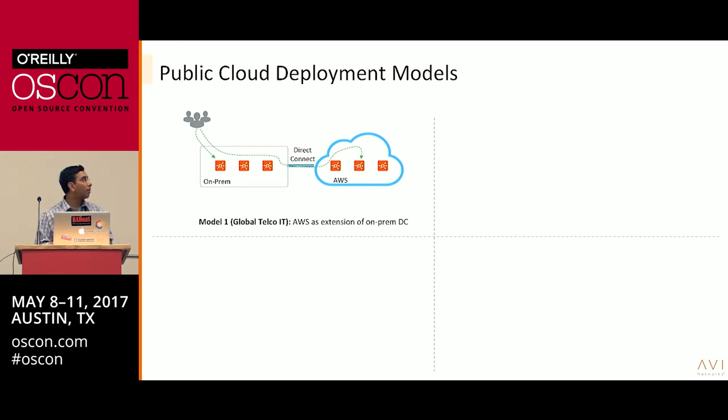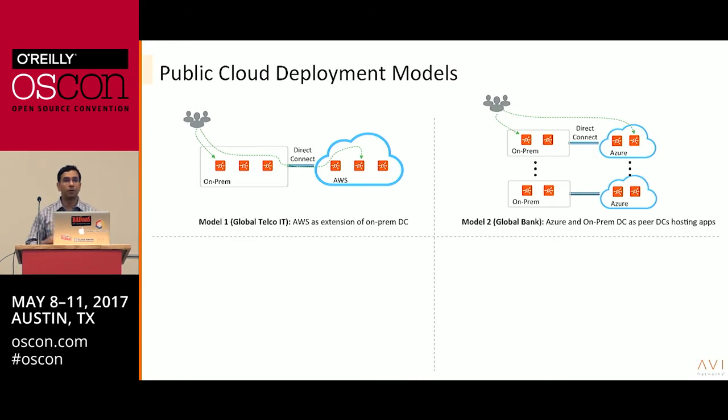This is probably the most common example, where almost everyone starts: you have all your traffic still coming to your data center, and you're using a region of a public cloud as an extension, an additional data center. Traffic still comes into your primary data center, and you're using your public cloud mostly for workload, either production workload or even for dev test, and you usually connect them with Direct Connect.